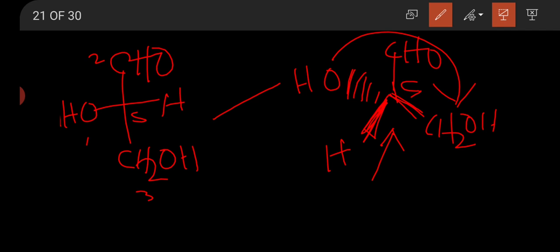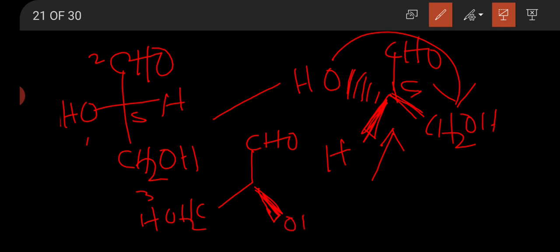If the bottom vertical bond is taken as CH2OH, then on the left side, the wedge bond, that is above the plane, the left side horizontal bond is OH, and the right side bond is a dash bond, that is a dotted line, the hydrogen bond.